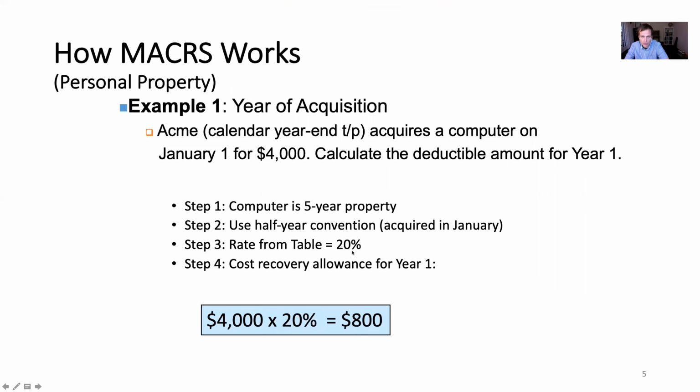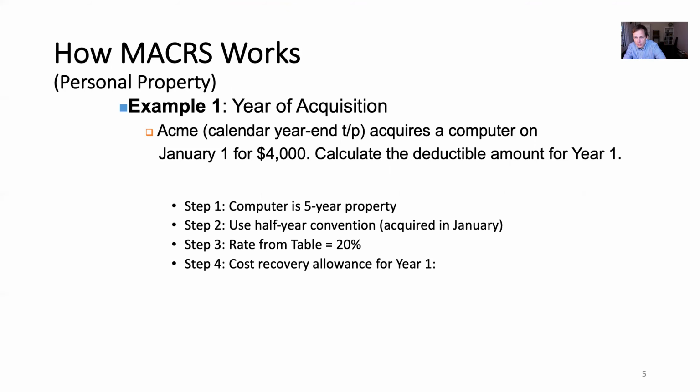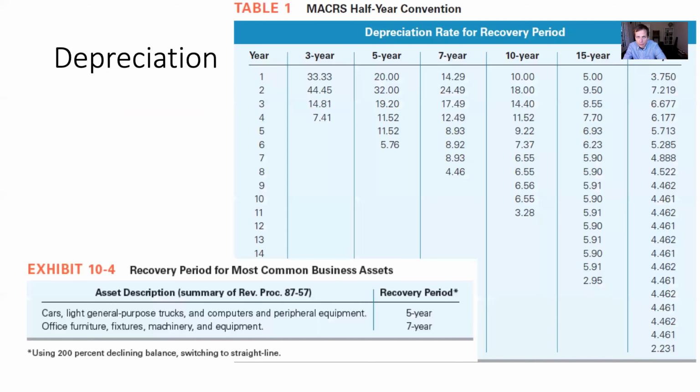I'll multiply it always by the original basis. So my depreciation for year 1 is $800. And I didn't put this in here. If we wanted to know year 2, I could go back real quick. Year 2 is going to be 32%.